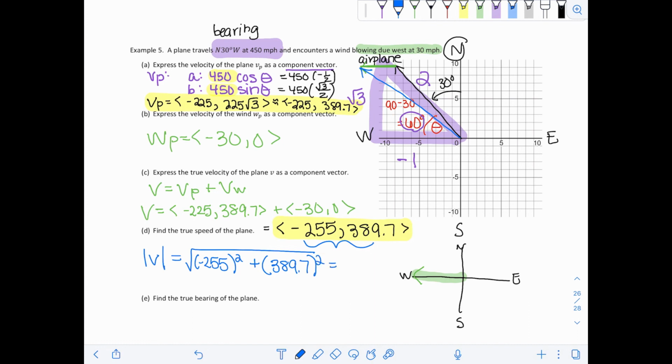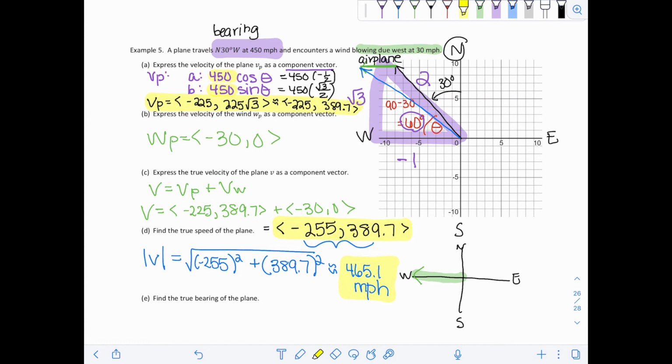And if we plug that into the calculator, we should get an approximate value of about 465.1 miles per hour. So basically that's telling us that the wind that's moving to the west is actually helping the airplane move a little bit faster than that 450 miles per hour.